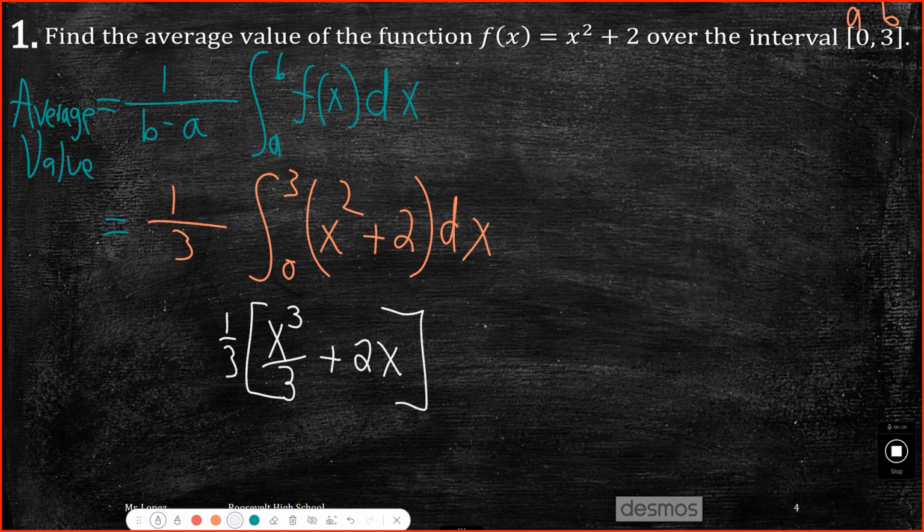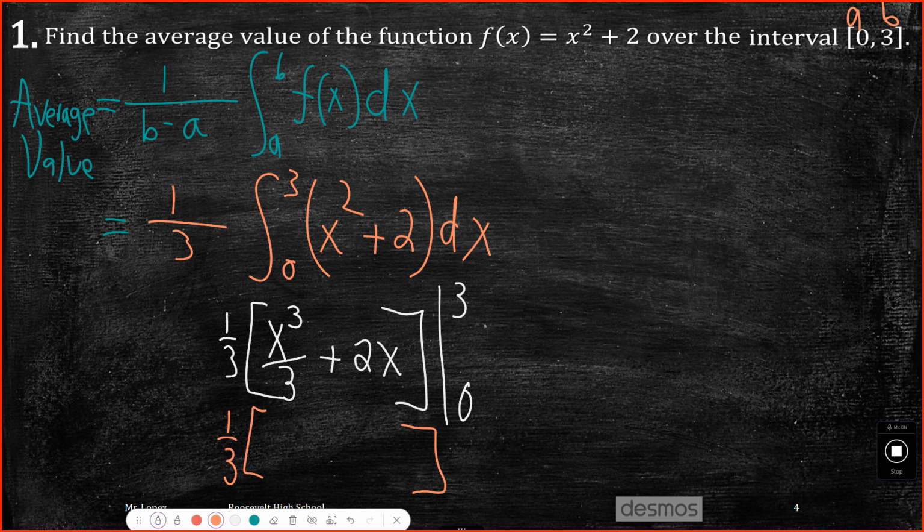And we're evaluating this from 0 to 3. I'm going to do this 1/3 at the end, since it's kind of messing me up. Let's work out the inside of this thing. This 1/3 is for the whole quantity.